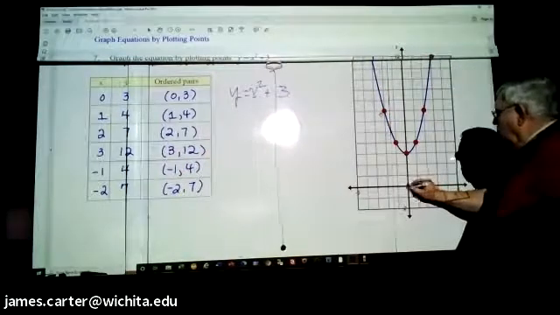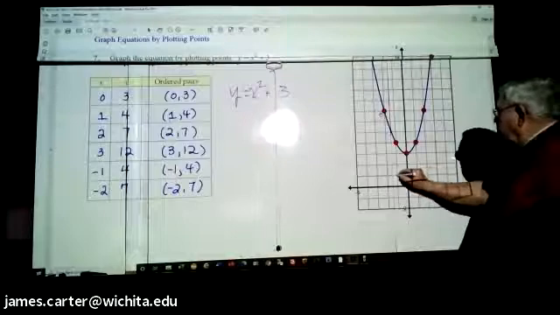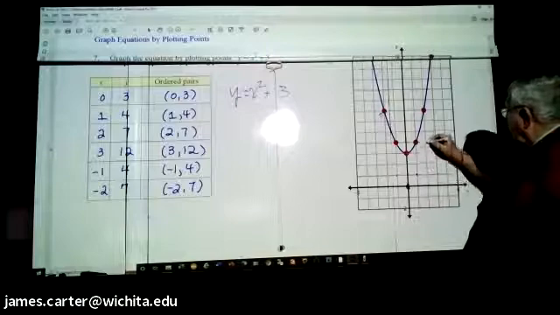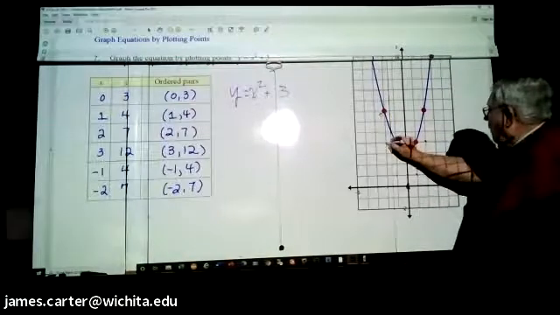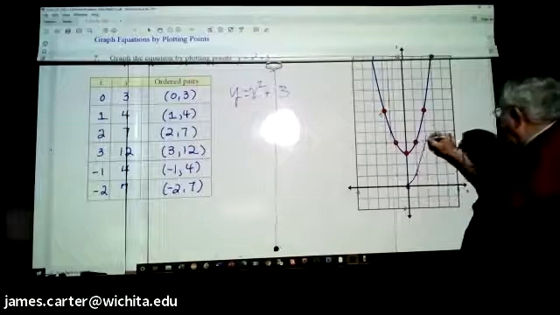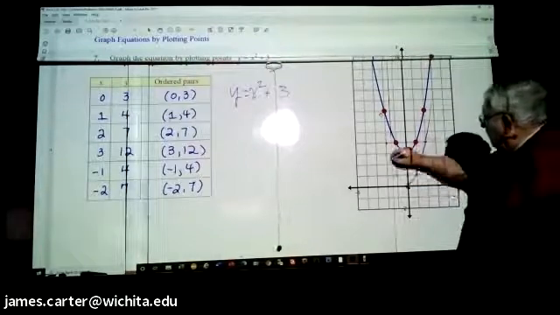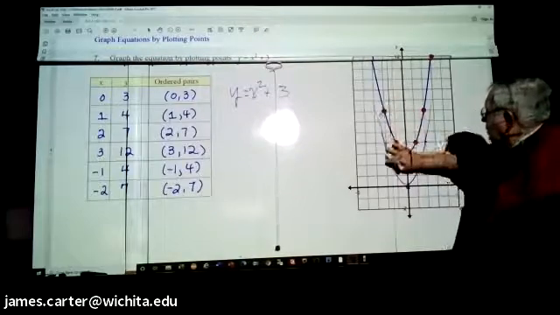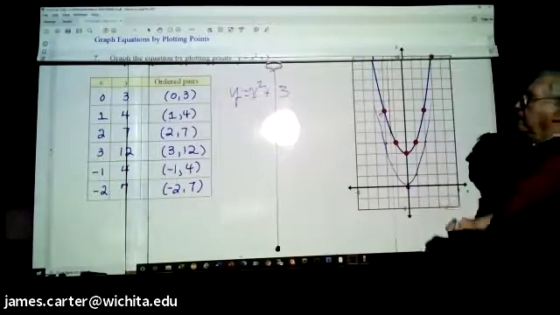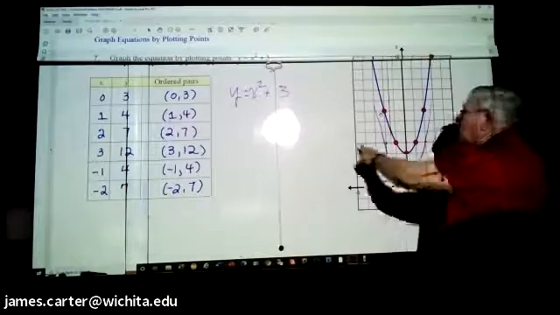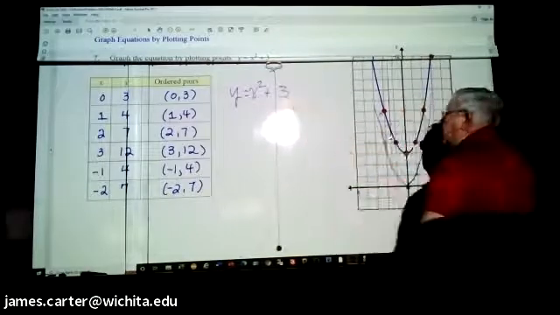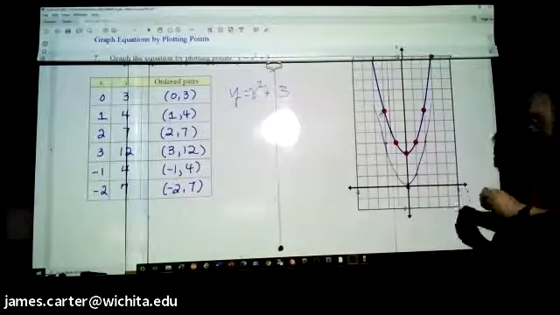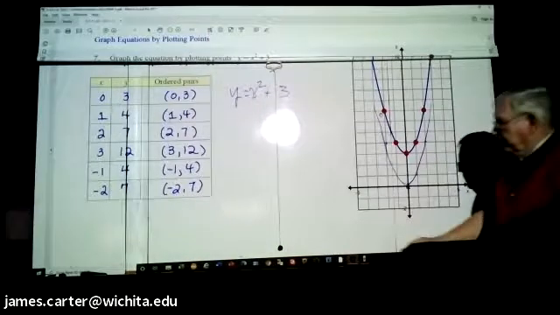The Y equals X squared equation looks like this. Something like that. So we could have just taken this one and shifted it up 3 places, 1, 2, 3 places to do it by transformations.